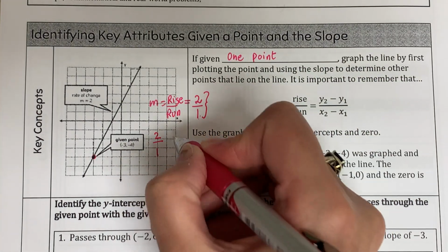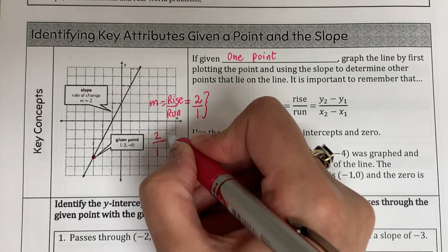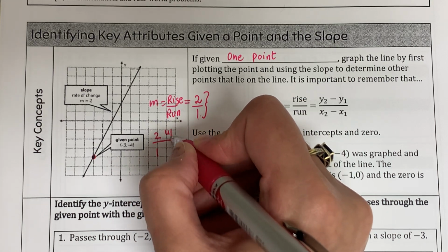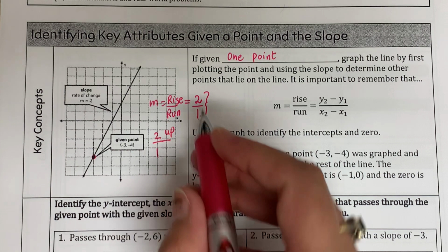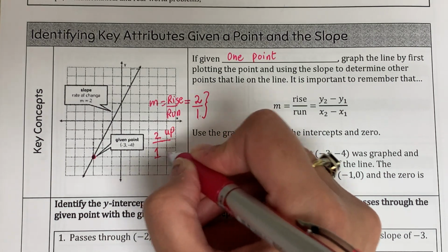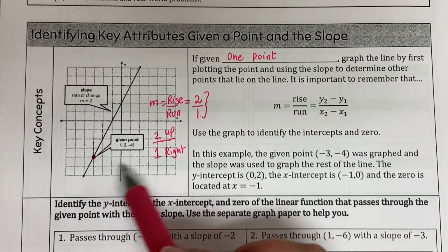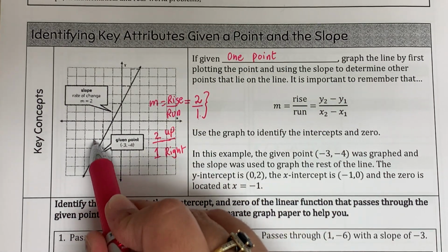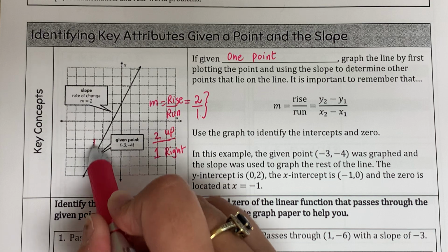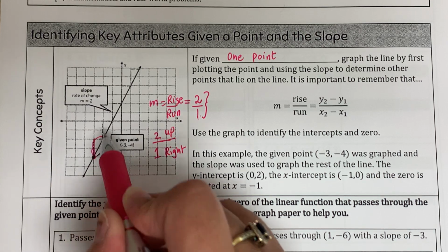Now 2 over 1, when we are going to trace our line, positive 2 means you have to go 2 up, and positive 1 means 1 to the right. And we're going to use that information. So positive 2 up, this is 1 and 2 up, and then 1 right.